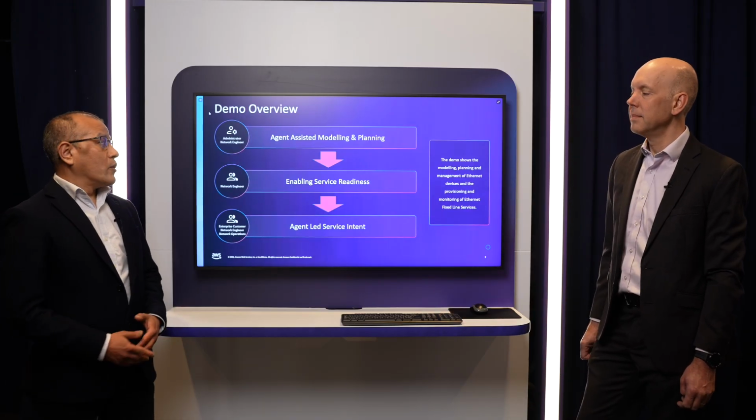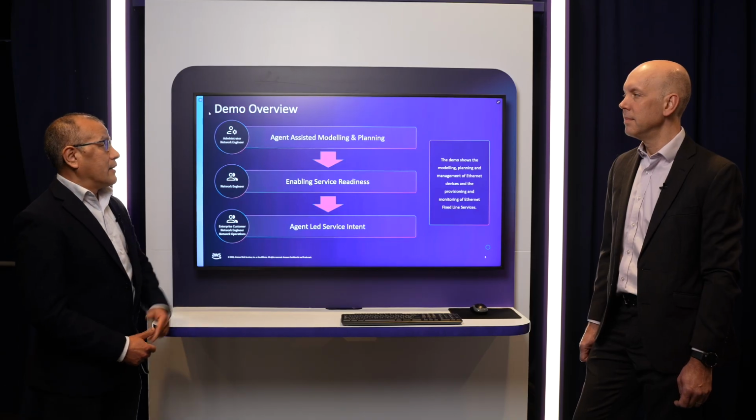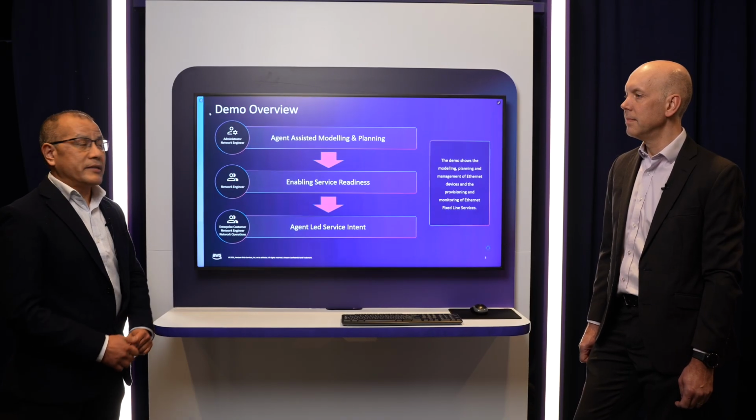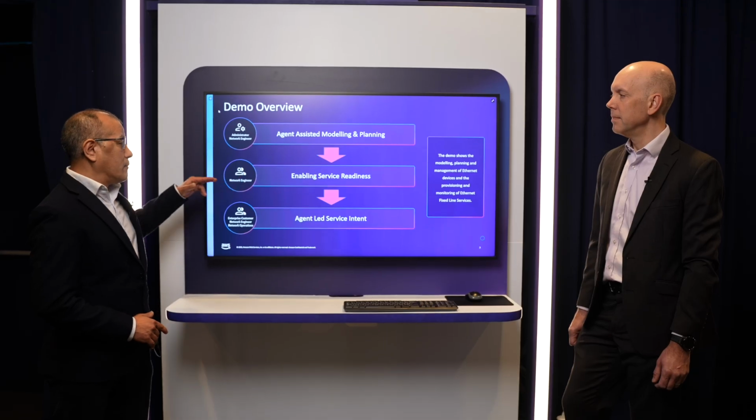In this demo, we're going to showcase three different use cases, each going step by step. First is creating the device model by the system admin and network engineer. The next is making sure that the device is ready to be provisioned and used by the customer, done by the network engineer.